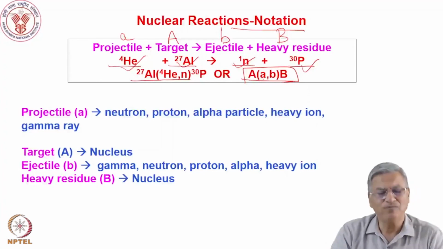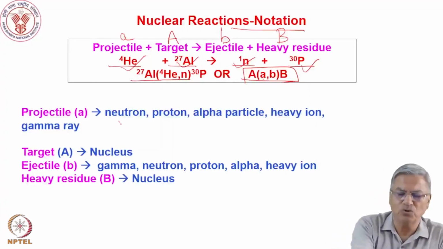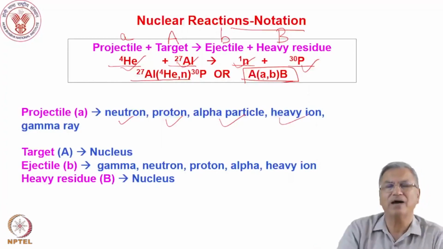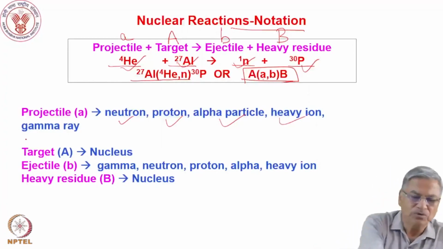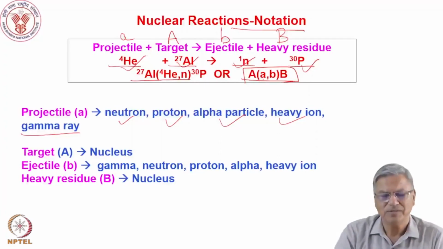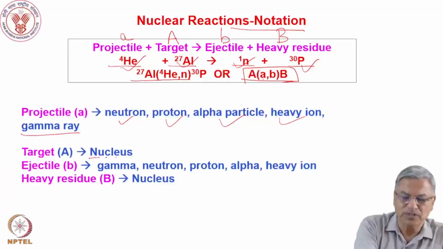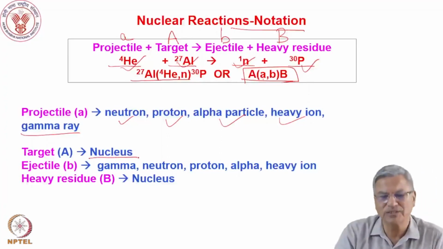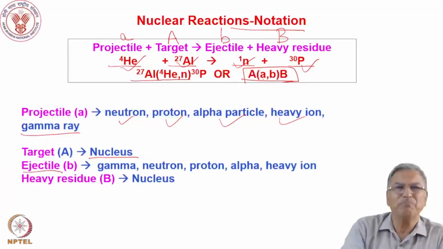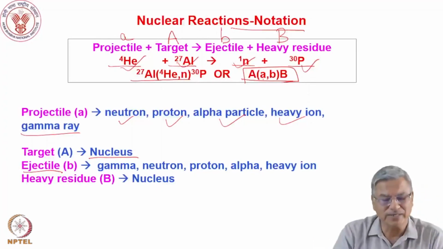The projectile for a nuclear reaction could be a neutron, proton, alpha particle, or a heavy ion like carbon, lithium, or oxygen, or you can even induce a nuclear reaction using a gamma ray photon. So a projectile could be any particle. Similarly, the target will mostly be a heavier nucleus on which the projectile is bombarded. The ejectile is the smaller particle that is emitted.